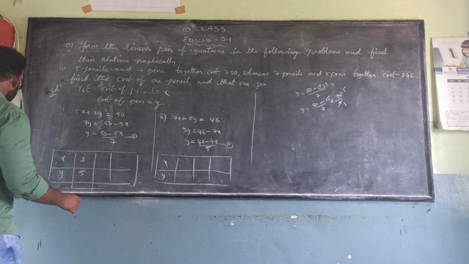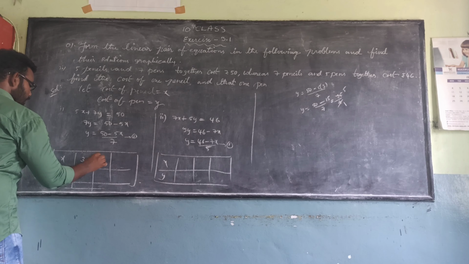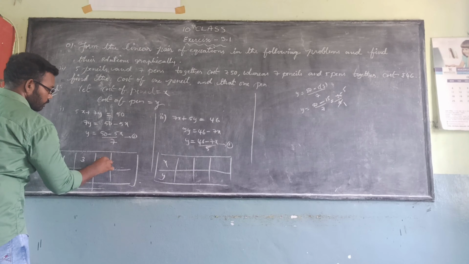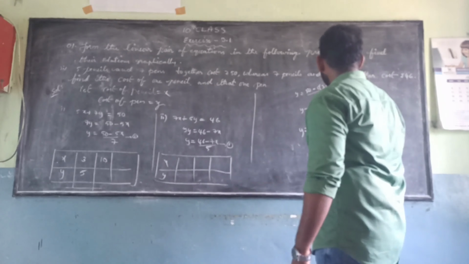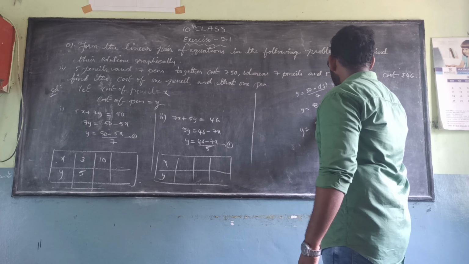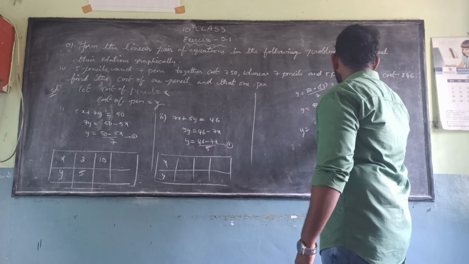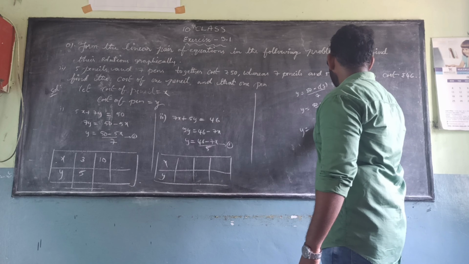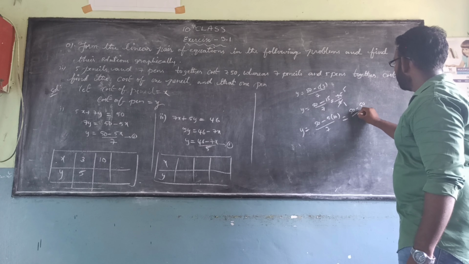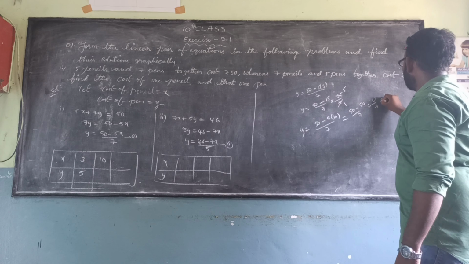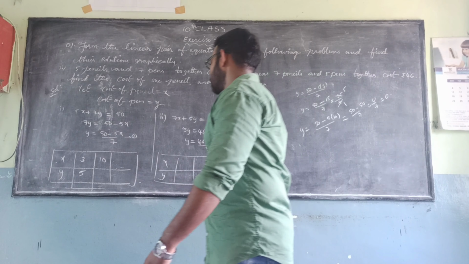Similarly, if we take x equal to 10, then y is equal to (50 minus 5 into 10) by 7, that gives you (50 minus 50) by 7, which is 0 by 7, and 0 by 7 we get 0.